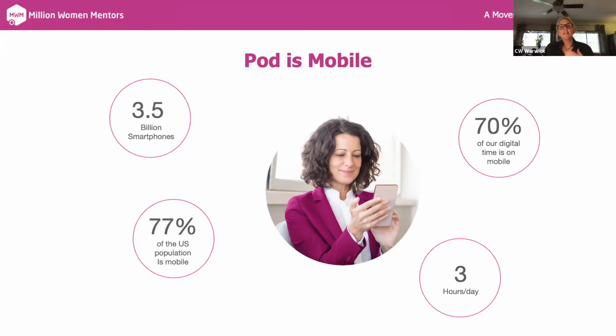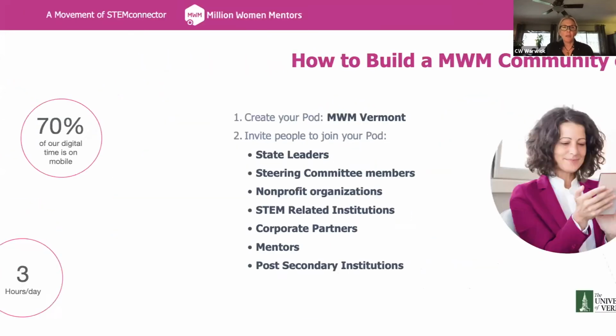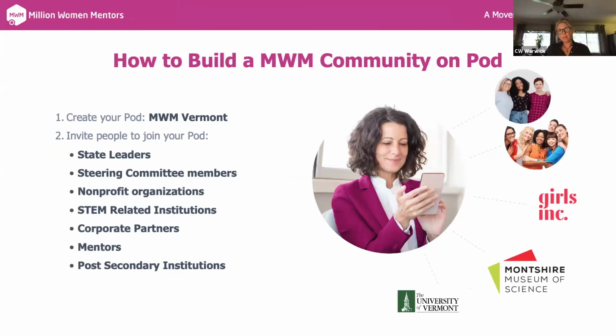So it really is the perfect channel for growing community and engagement. So we have some ideas about how we can leverage POD for growing the Million Women Mentors community. Again, it's the perfect platform to do so. So I thought today I'd walk you through a few examples of how we're thinking about it and how we'd like to put this into practice.